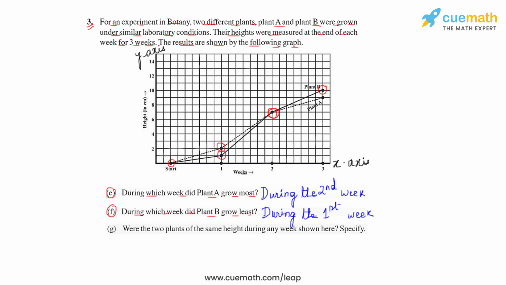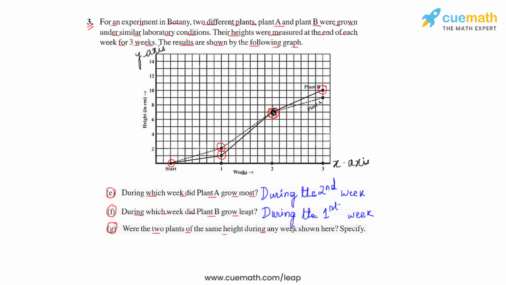Let us now move on to question G, where they're asking us to find out the point where the two plants were of the same height. So yes, if we observe this line graph, we'll see that. Now let me use a different color to mark this point. So this is the point where both the plants had the same height.